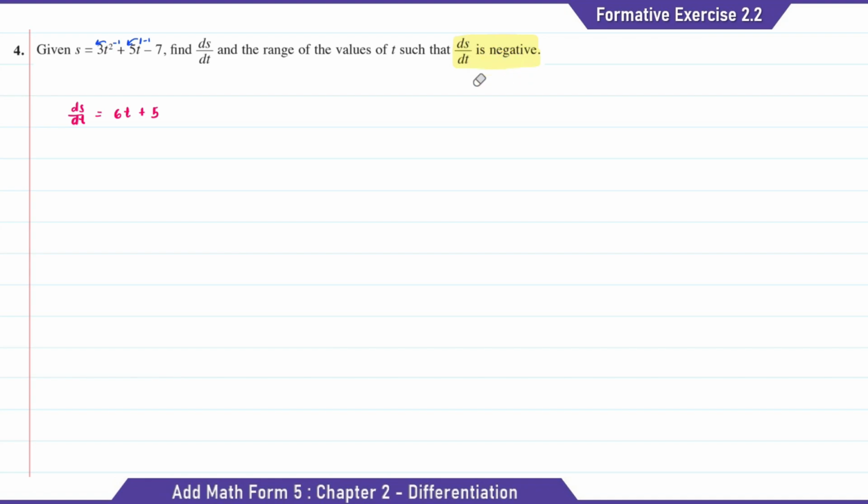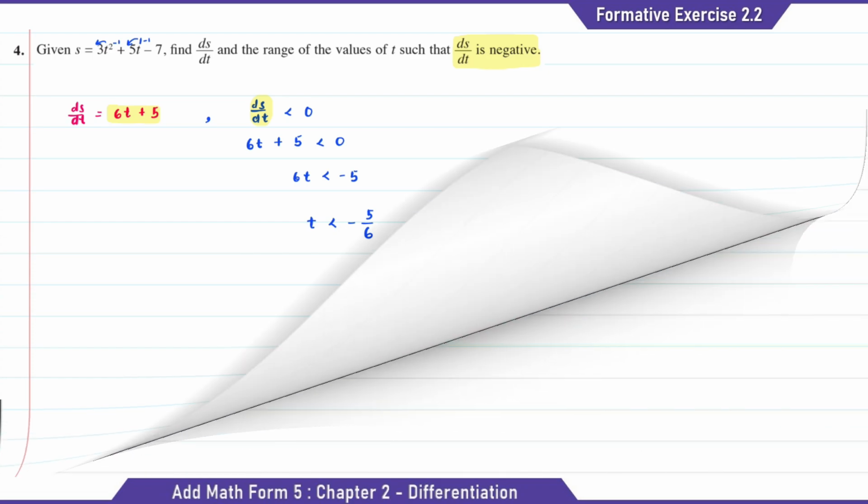Any value that is less than 0 will be negative. So here ds/dt is negative is the same as ds/dt is less than 0. To find the range, we're going to substitute ds/dt with 6t plus 5. This is equal to 6t less than negative 5. Then t is less than negative 5 over 6.